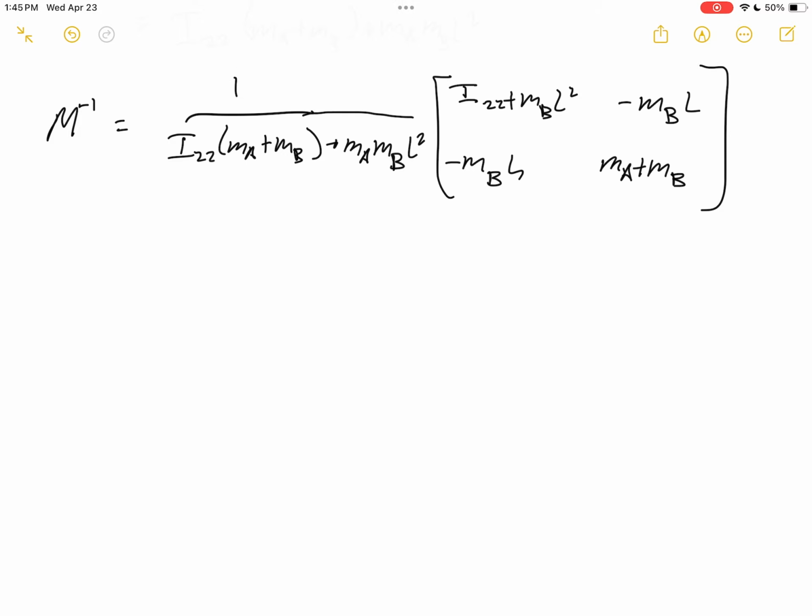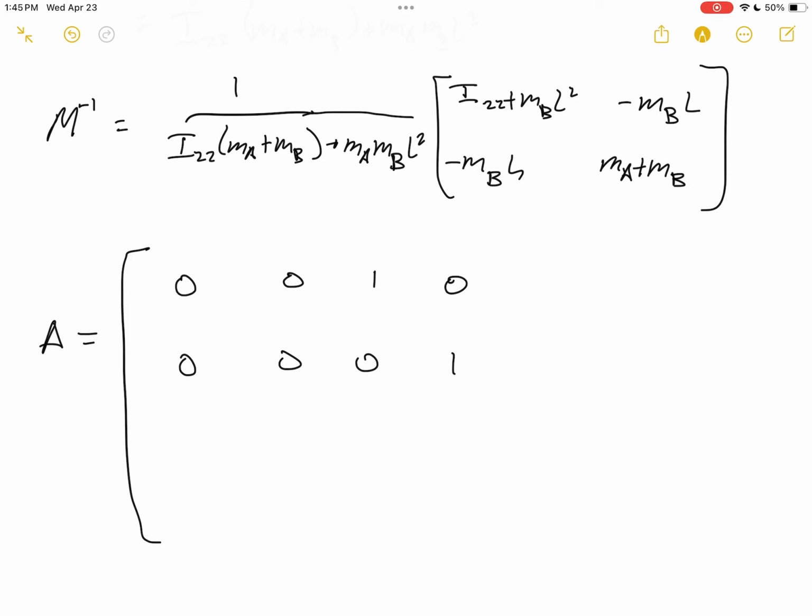And now we can write the full 4x4 of the matrix A. So we had zeros in the top left. So 0, 0, 0, 0. We had an identity in the top right.